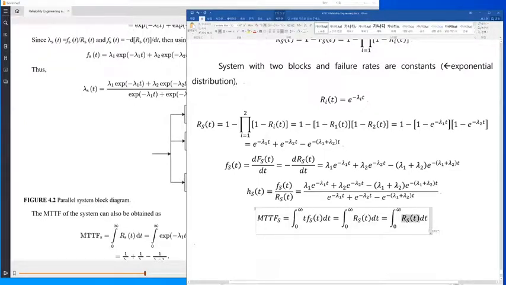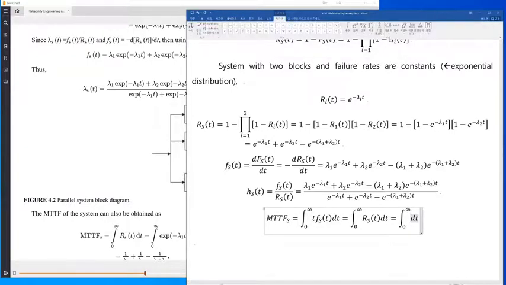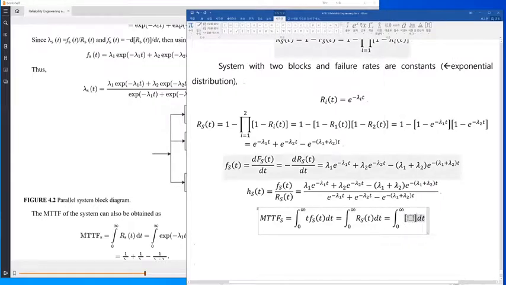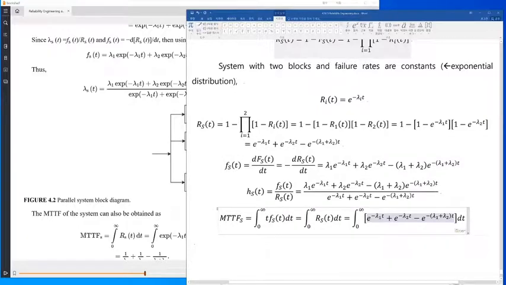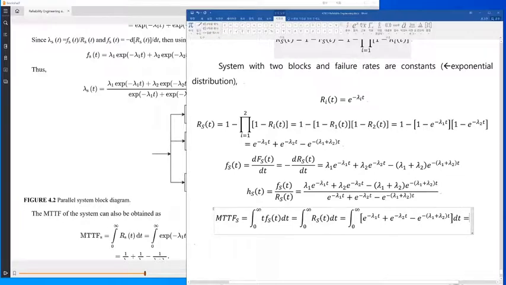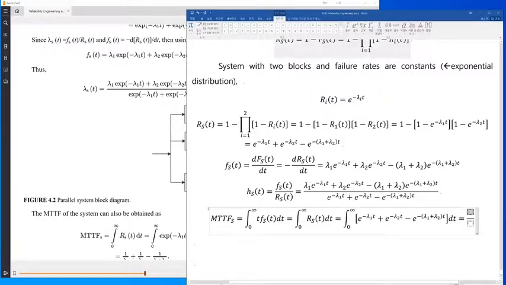So that means we should integrate this. Then the first term will be 1 over lambda 1.